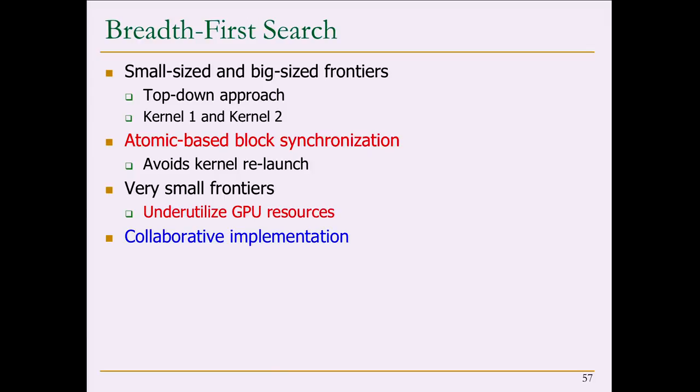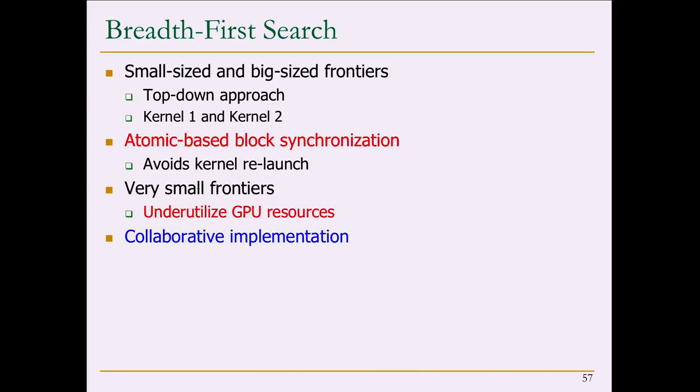We might be launching many threads, but these threads might be idle. In the top-down approach, the good thing is that all the threads, or almost all the threads that are launched, are actually working, even though it might have some problems with irregular memory accesses, but we are not going to discuss that.